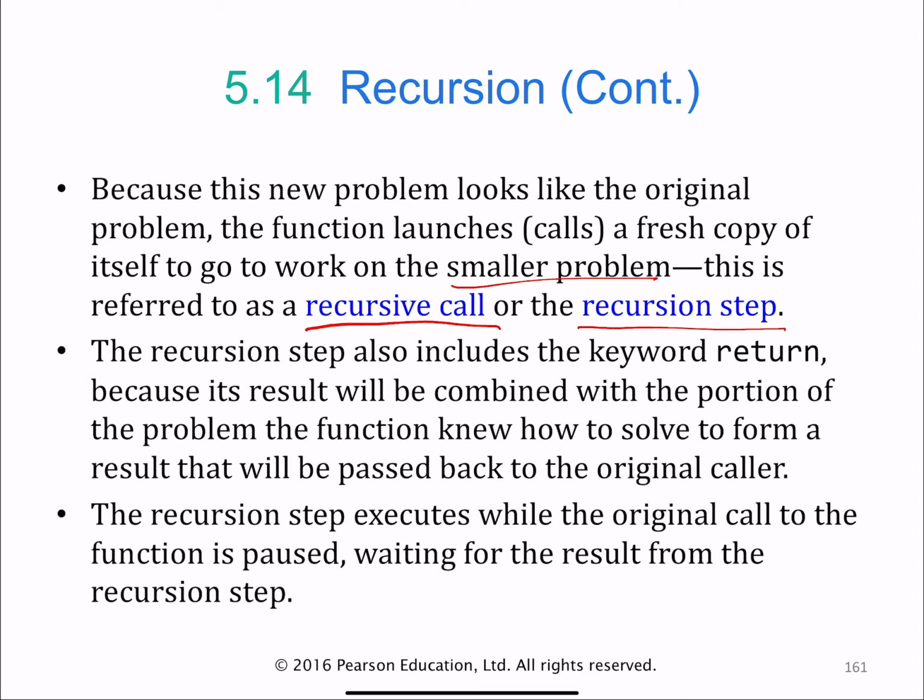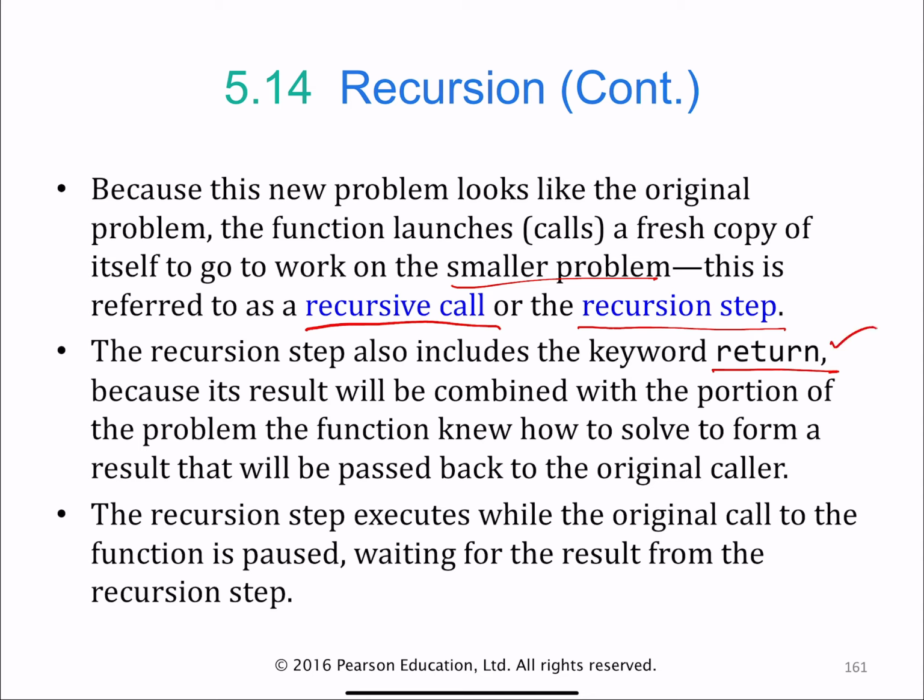Now at some place inside the recursive function, you must of course also have a return statement, because the idea is that once the problem starts becoming smaller and smaller, at some point the problem will become so small it will become trivial. At that point, a recursive function typically returns a solution.